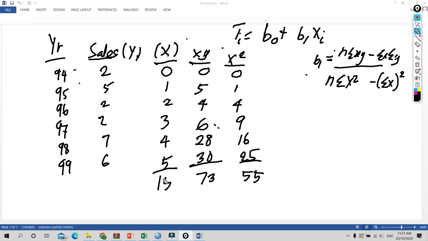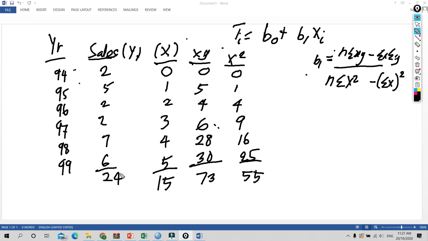So 15 here. And summation of y is the total of y here. If I add, I have 2 plus 4 plus 2 is equal to 9, 11, plus 7, 18, 18 plus 4 is 24.